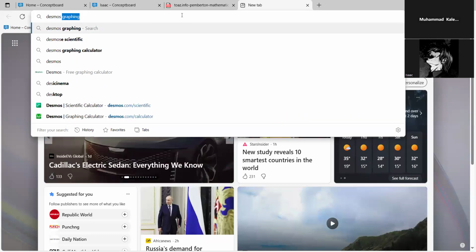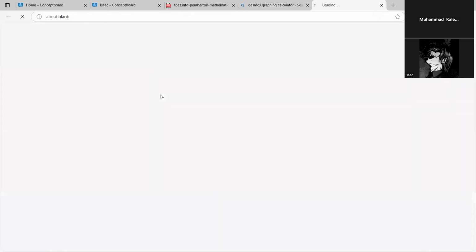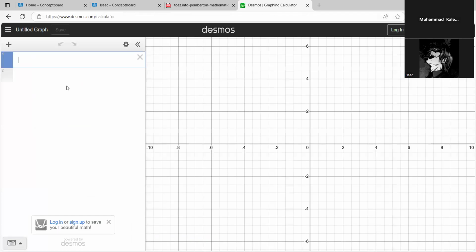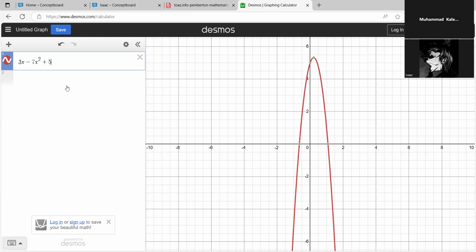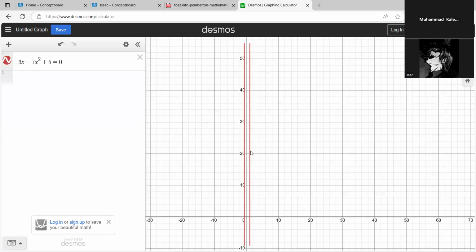Desmos graphing calculator. Look here, if I sketch, what was the equation? Negative 7x squared plus 3x plus 5, equal to 0. So its graph, oh my God, okay.